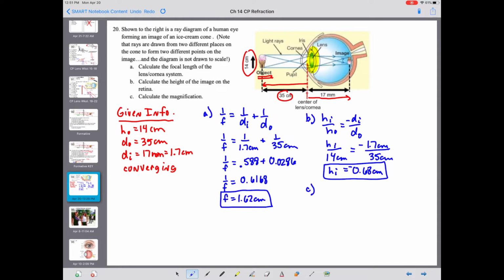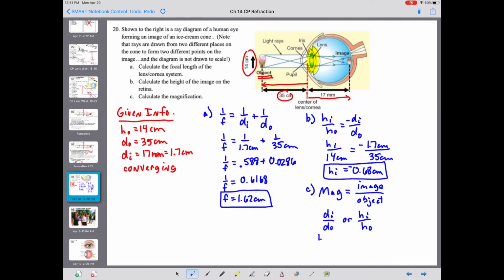In part C then, we want to calculate the magnification. When you're calculating magnification, that's comparing the image to the object. So then we can either do d sub I over d sub O or h sub I over h sub O. We know both of them. It really doesn't matter.